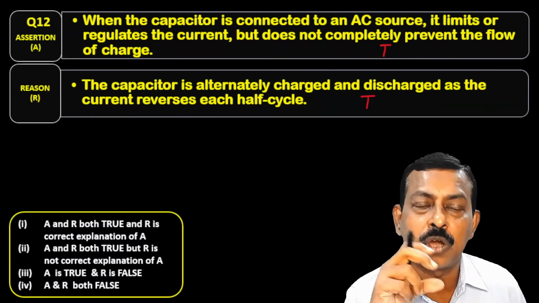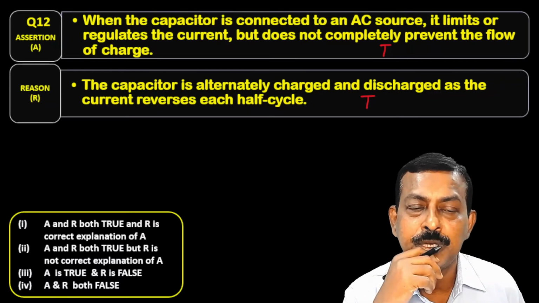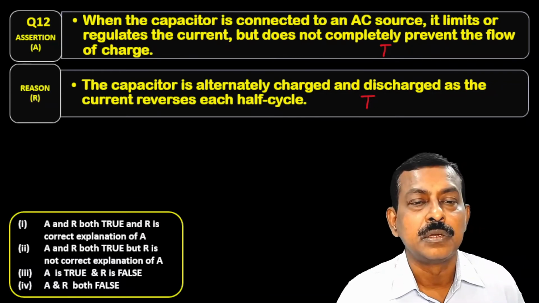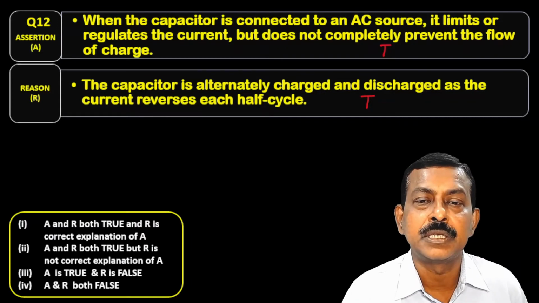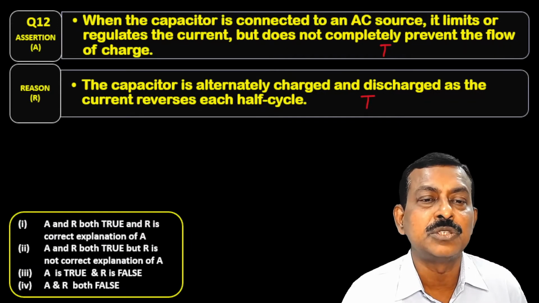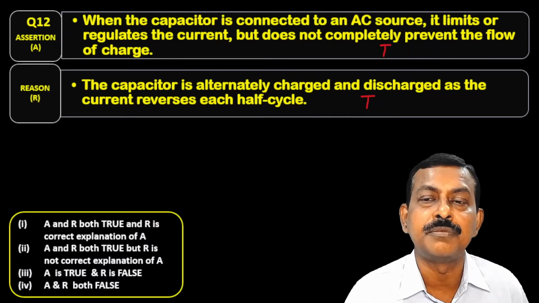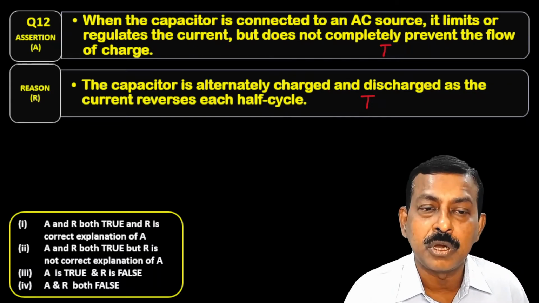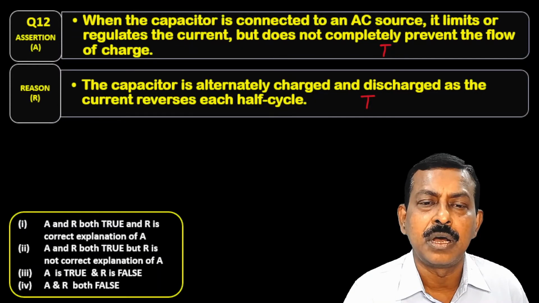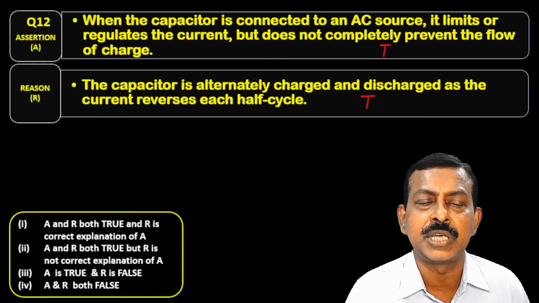So what is the correct option for this one? First or second? When the capacitor is connected to an AC source, it limits or regulates the current, but does not completely prevent the flow of charge, because the capacitor is alternately charged and discharged as the current reverses each half cycle.